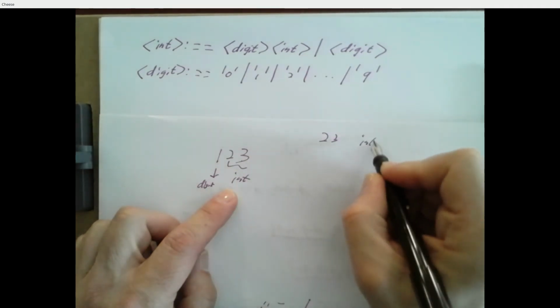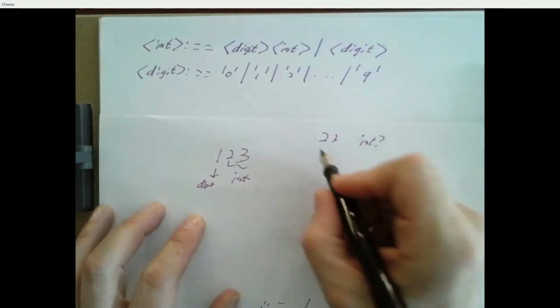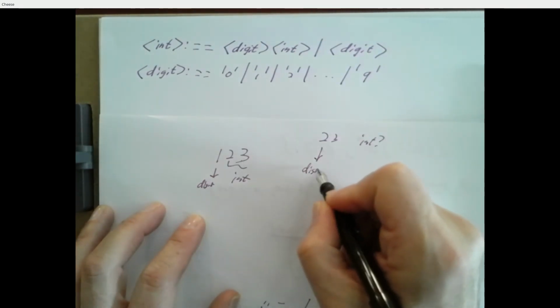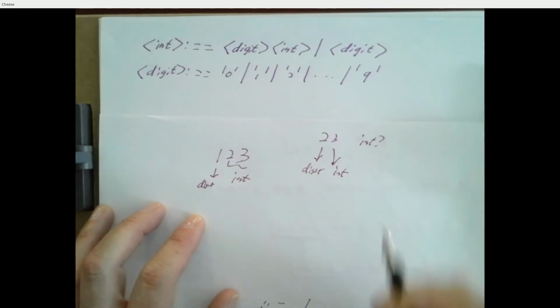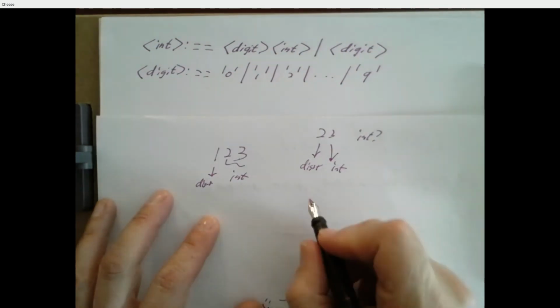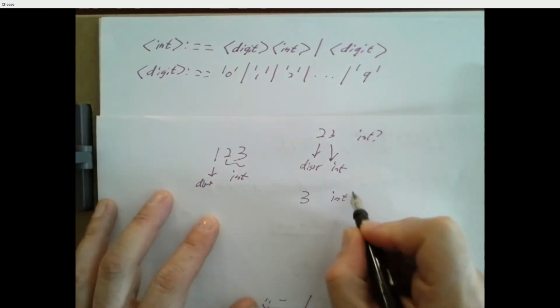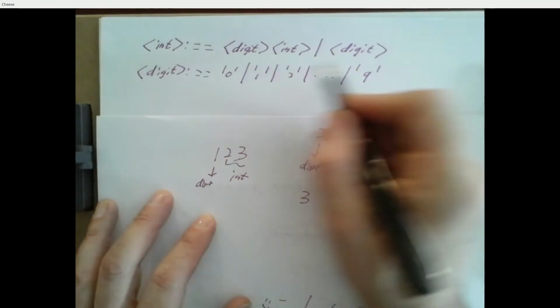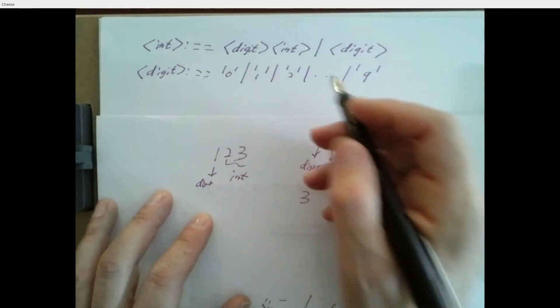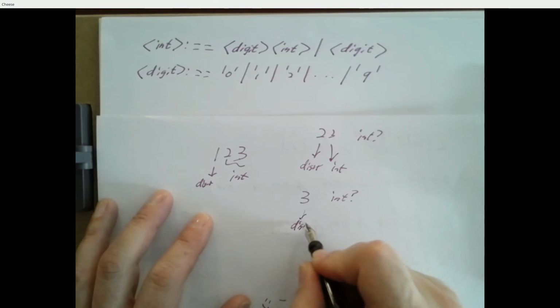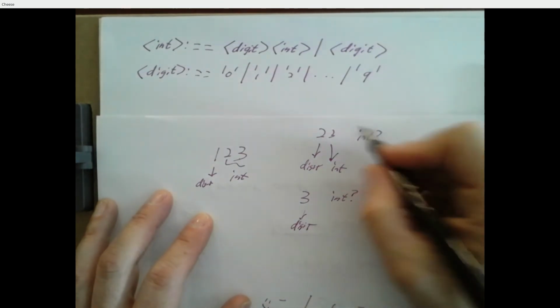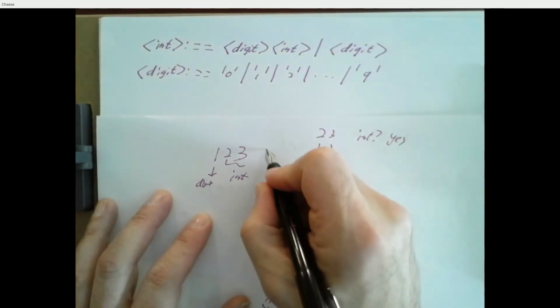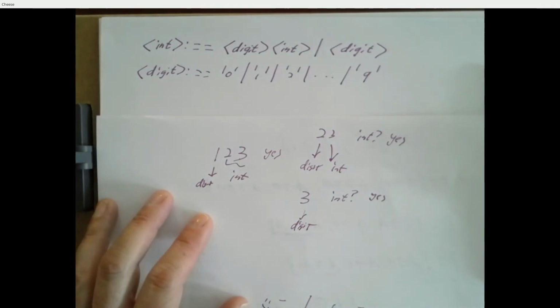So the question is, is 2, 3 an integer? Well, it's not just a digit, but it could be a digit 2 followed by an integer 3. So now it depends on the question, is 3 an integer? And an integer could just be a digit, and 3 is a digit. So yes, that's an integer, which means 2, 3 is an integer, which means 1, 2, 3 is an integer.